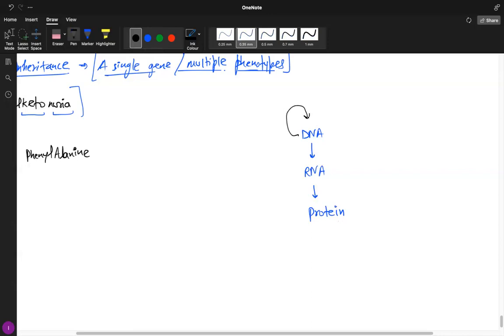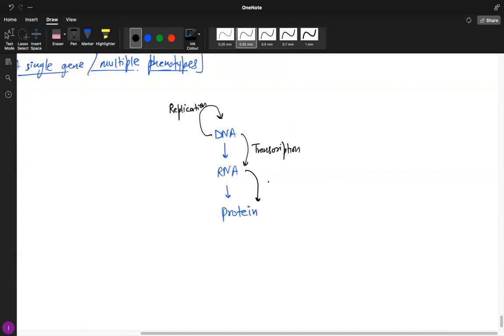Now, DNA can form more DNA by the process called DNA replication. DNA forms RNA by the process called transcription. And RNA forms protein by the process called, what is this process called in the cell where proteins are formed?